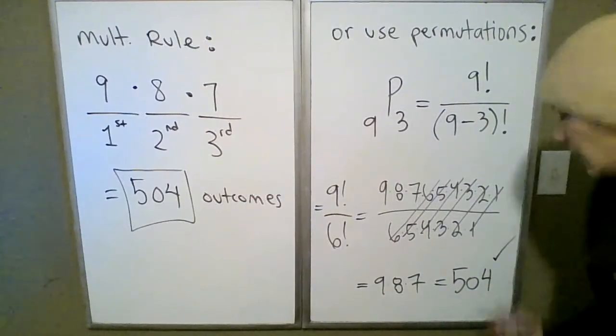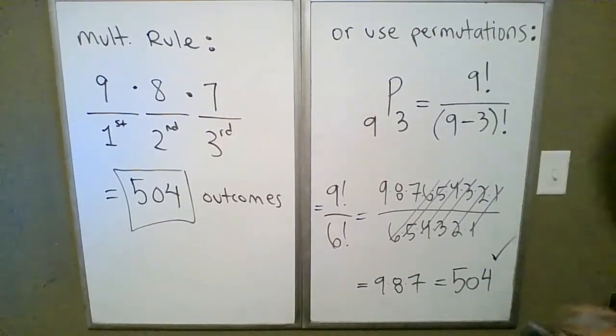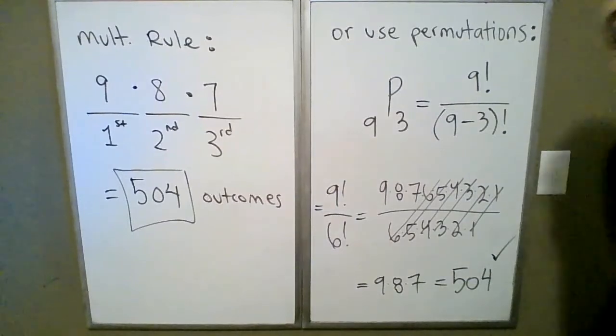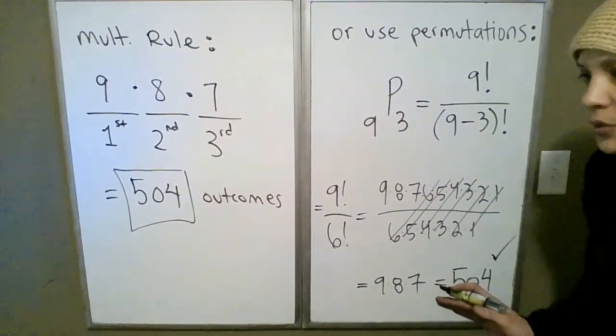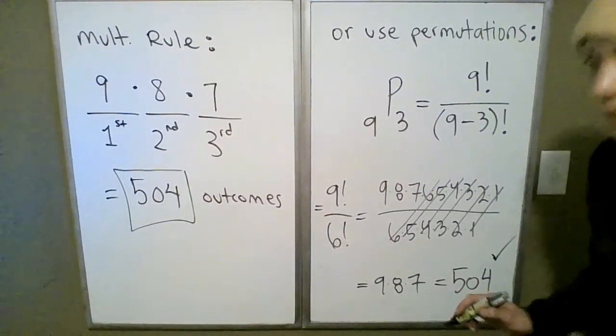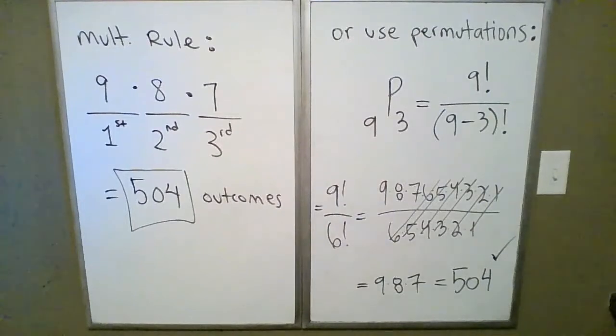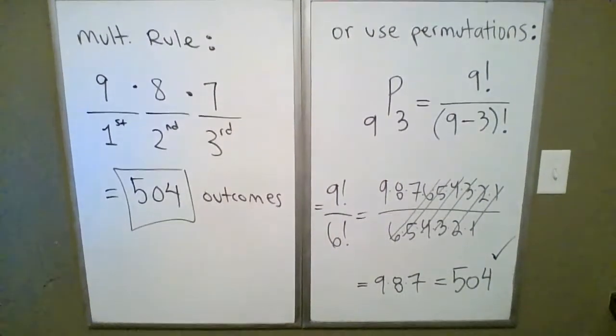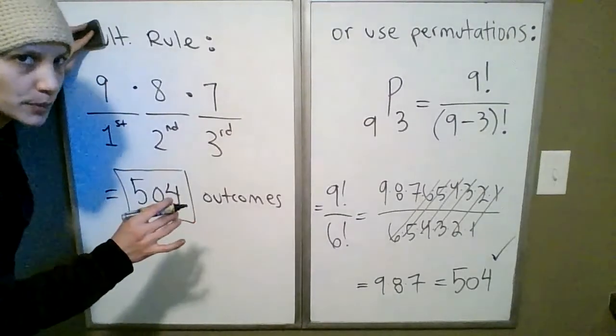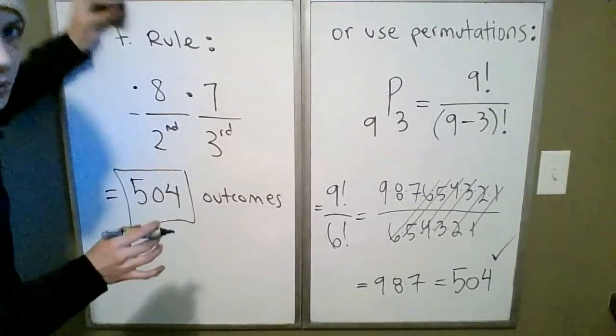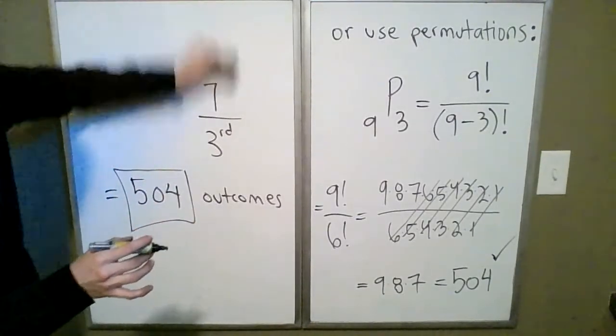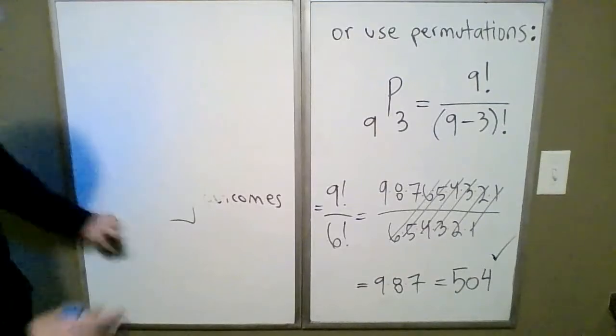Okay, the next one. You have 5 prizes to randomly distribute to a group of 21 people. And it's only 1 prize per person. So you can't give more than 1 prize to any person in the group.